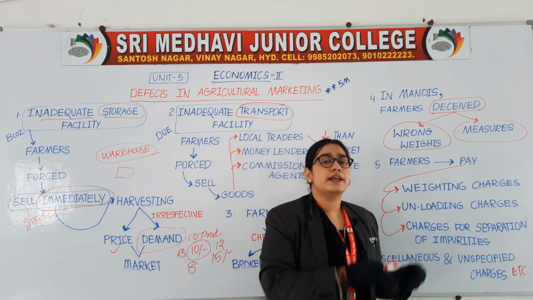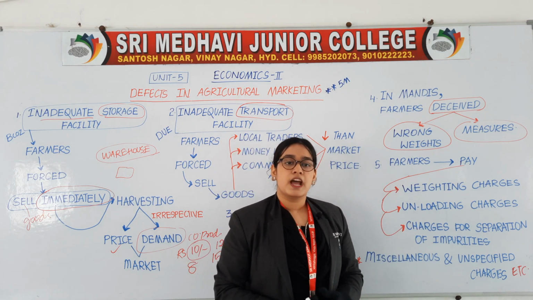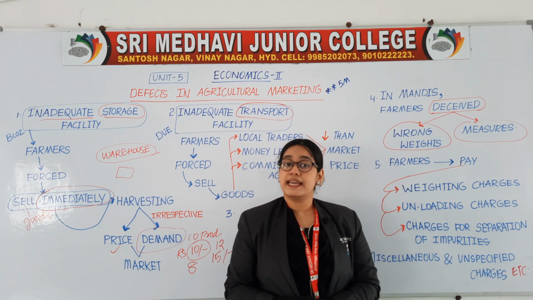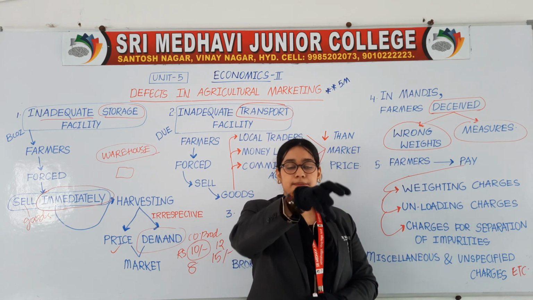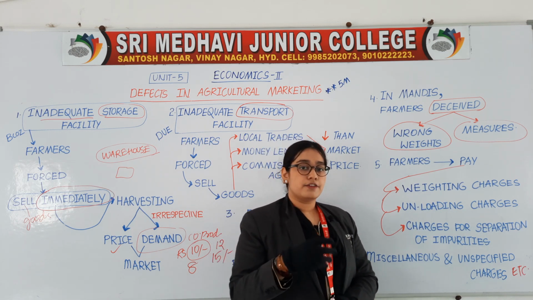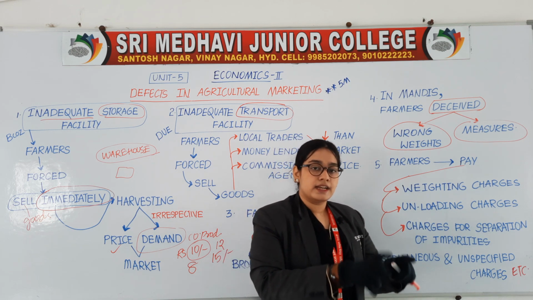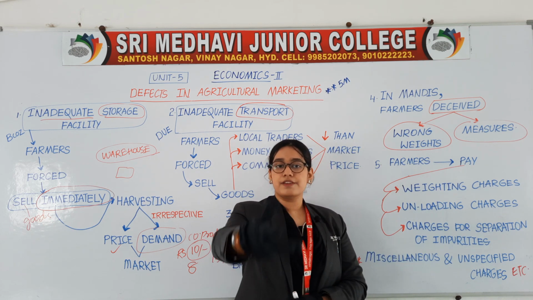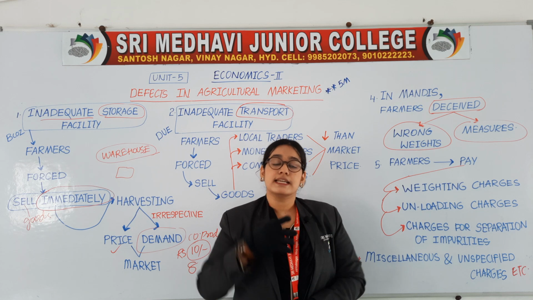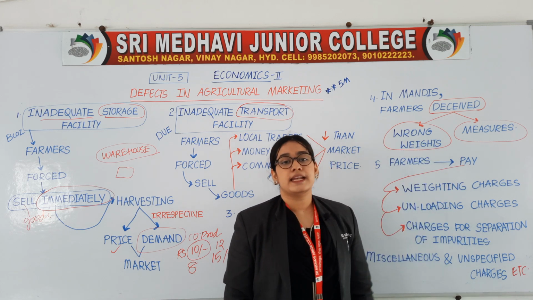So they will sell their products to the mandis, where the sellers cheat the farmers by keeping wrong weights. Suppose whenever we buy vegetables, they measure with measuring stones, 5 kg, 2 kg, etc. Sometimes we observe that the quantity they give us is less than the measure. They say I am giving 2 kg of tomatoes, but it is less than 2 kg. So that is a loss to us. In the same way, farmers are also getting deceived by the wrong weights and measures.